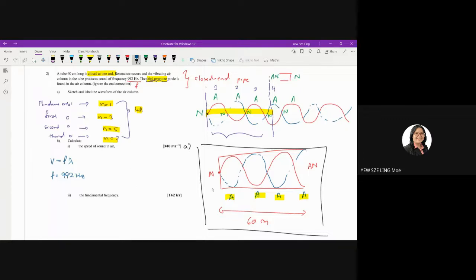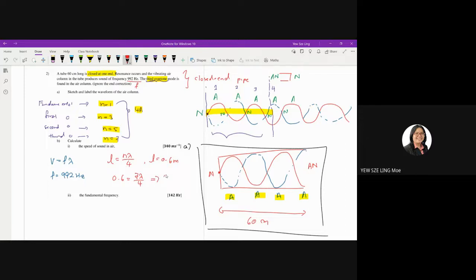When you have the length, you should be able to determine the wavelength, because for a closed-end air column, L equals n lambda over 4. So L is 0.6 meter, and n is 7, so 0.6 equals 7 lambda over 4.